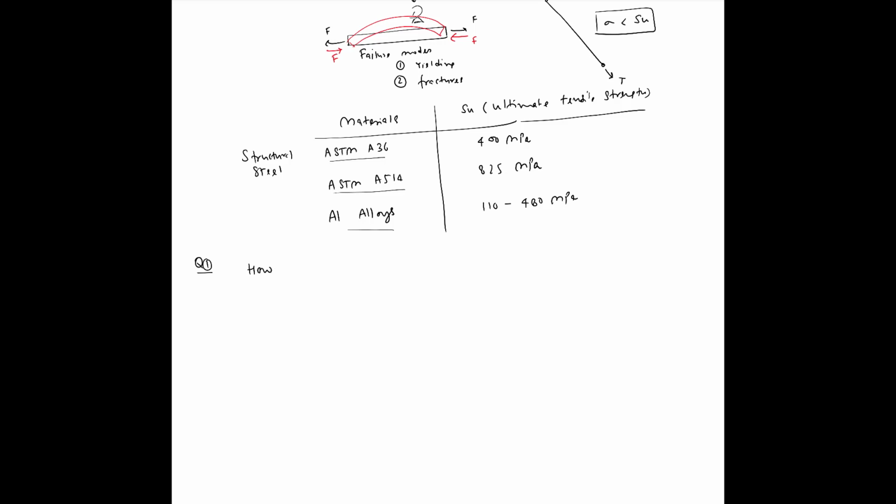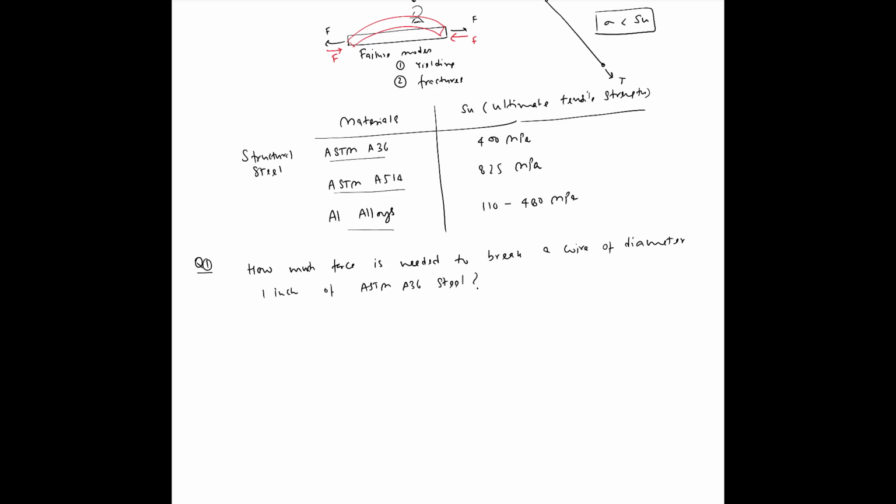how much force is needed to break a wire. Let's say we pick some diameter, of diameter 1 inch. 1 inch is fairly thick, I would say, of ASTM A36 steel.